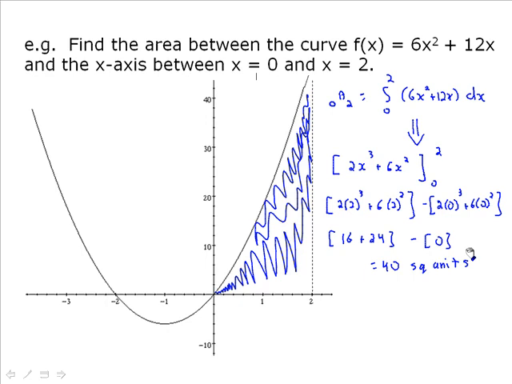Now the thing that I will show you with this question that might make your life a little bit easier is you can also use your calculator for these. On the calculator, it won't help you too much on exams or anything, but you can certainly use it for checking your work. We enter in the function y1, the original function, 6x squared plus 12x.